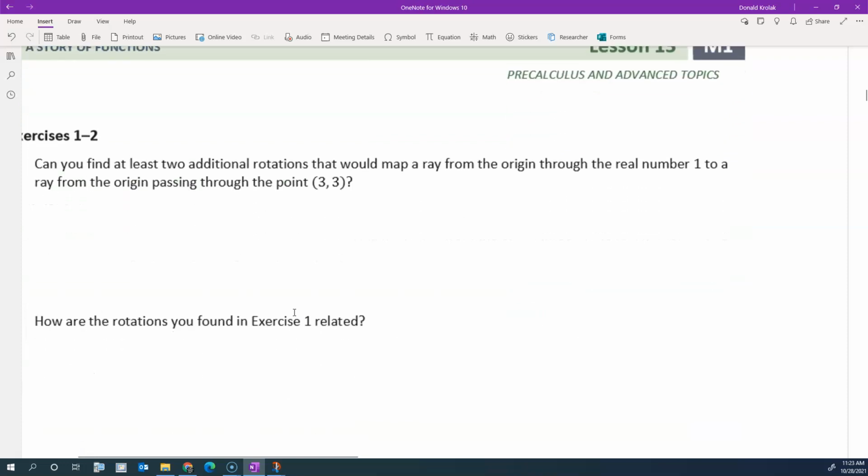Alrighty. Now, it says, can you find 2 more rotations that would map a ray to 3,3? Now, from the front, we know that 3,3 was the same as the complex number 3 plus 3i.